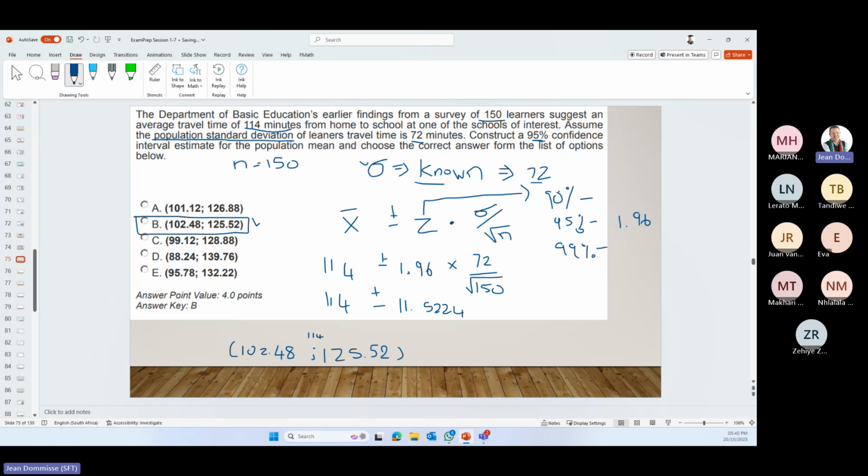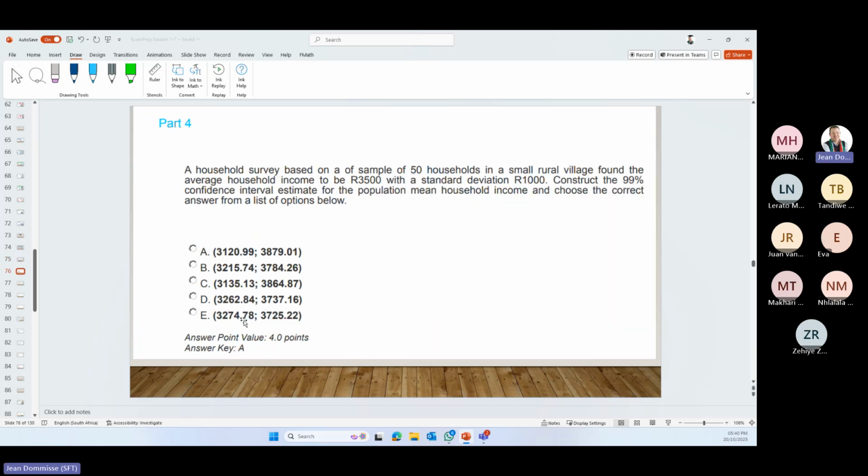Okay, so let's look at another example, and let's see what they give you. A household survey based on a sample of 50 households in a rural village found the average household income to be 3,500 with a standard deviation of 1,000.